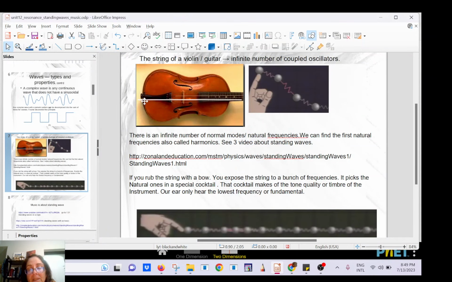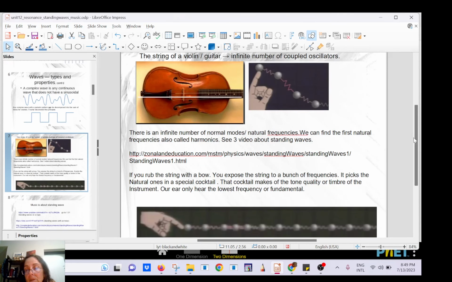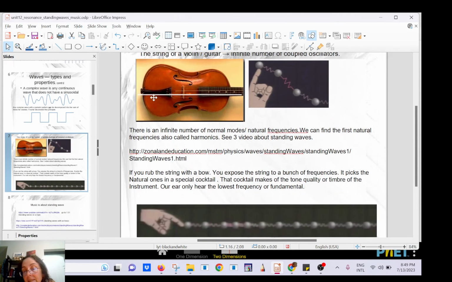So now imagine you have a string here, it's a violin, and you can imagine that the string is made of many small oscillators that are coupled, right? That are connected with each other. So that could be atoms that make up the string, and all the atoms are connected to each other.